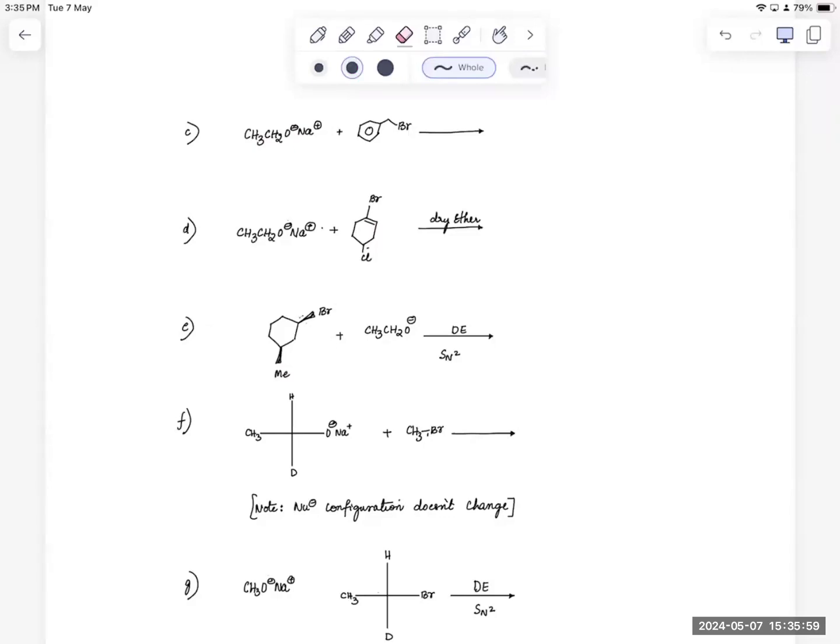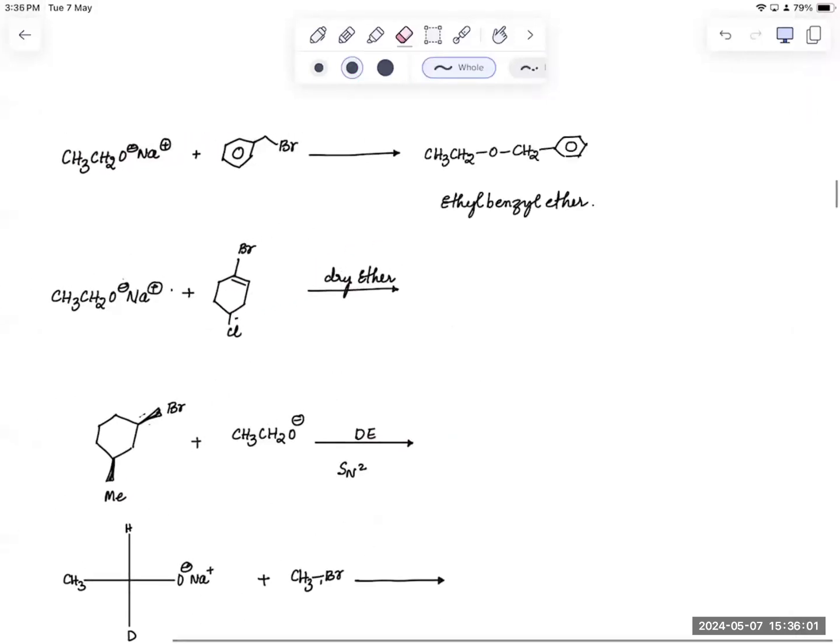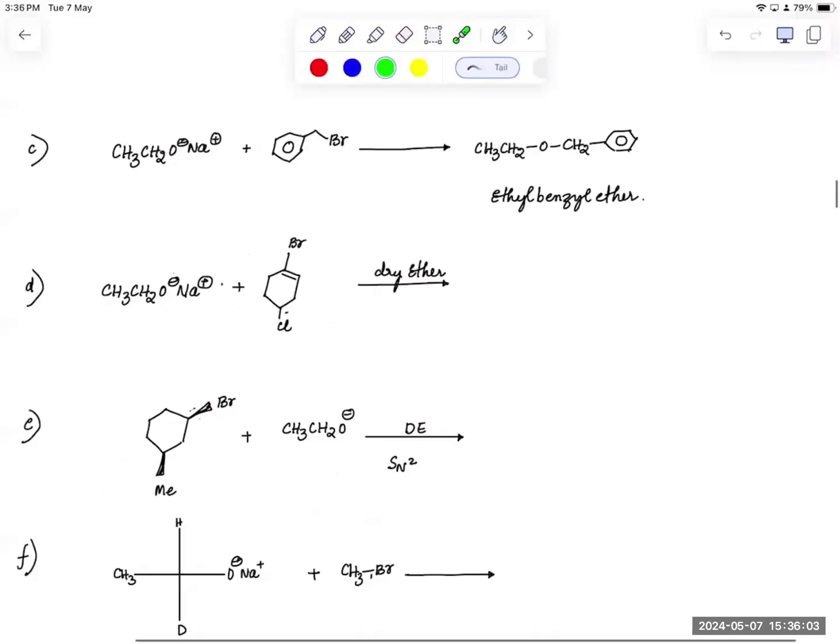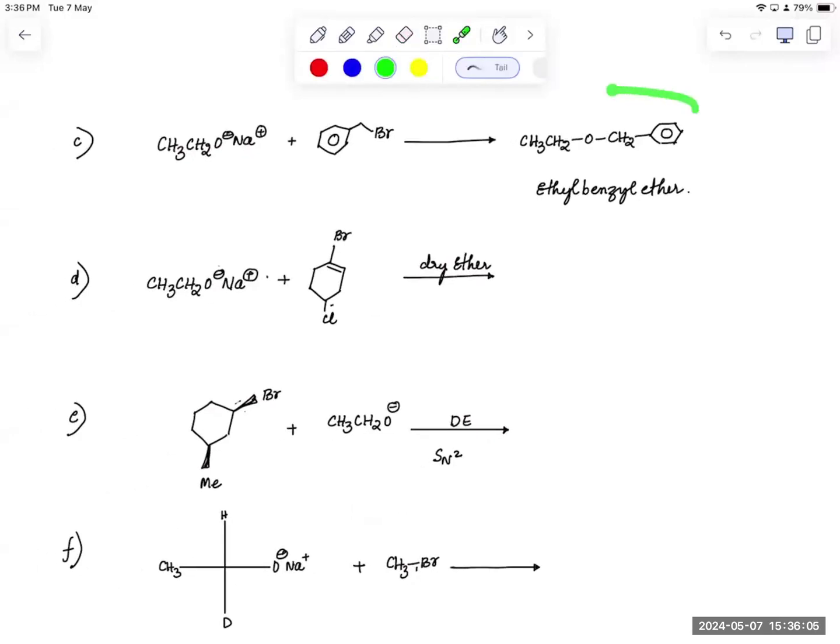Right. Check out everybody. What is the first one you will get? This is what you should get. Check. Ethyl benzyl ether. Why? Because this O minus can attack here. This is SN2 ready. This is a perfect case for SN2. And you should be able to get this product.